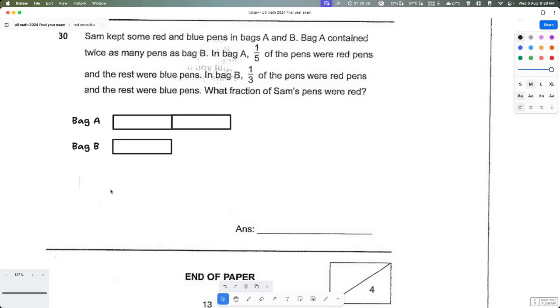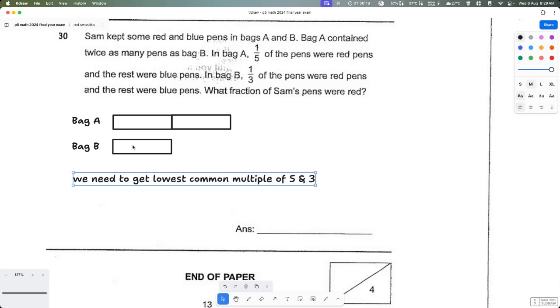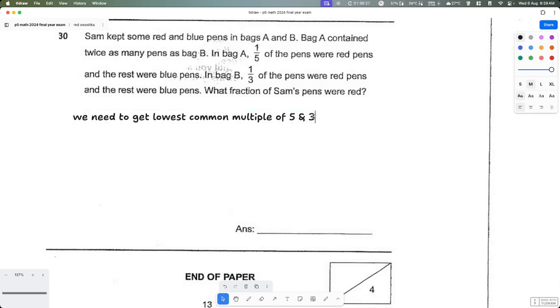So what we need to do is get the lowest common multiple of 5 and 3, so that we can actually split one unit into 15, which is actually quite a lot. So we need the lowest common multiple so that we can combine 1/5 and 1/3.